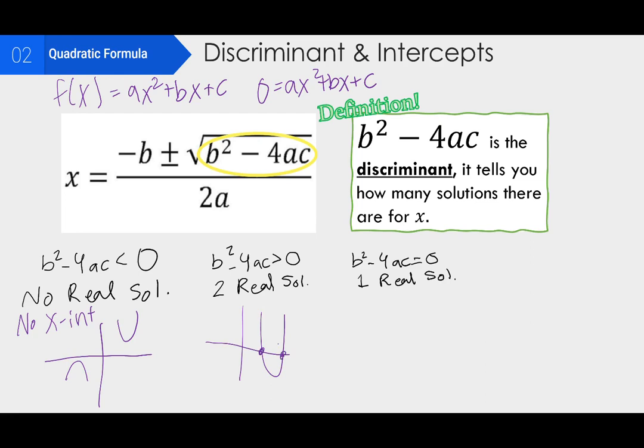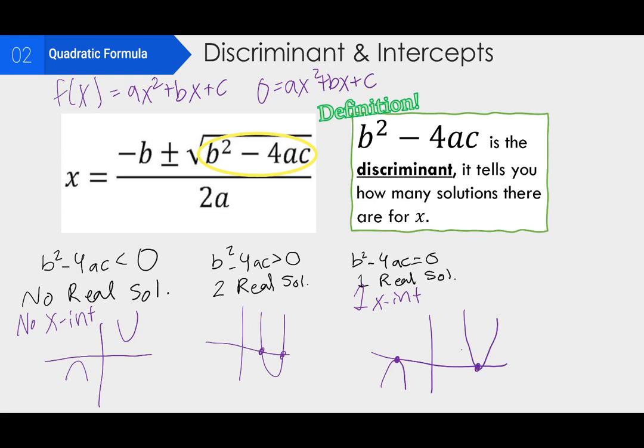We'll go through 2 spots on the x-axis. If there is 1 real solution, if the discriminant equals 0, that means you will have 1 x-intercept. It will look something like this. And your x-intercept will be the vertex as well.